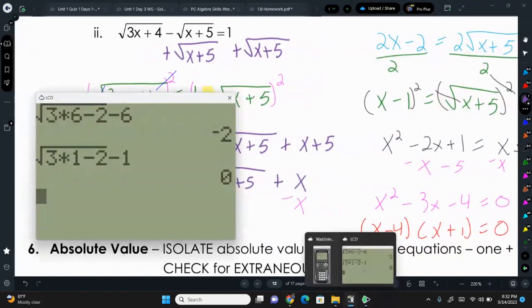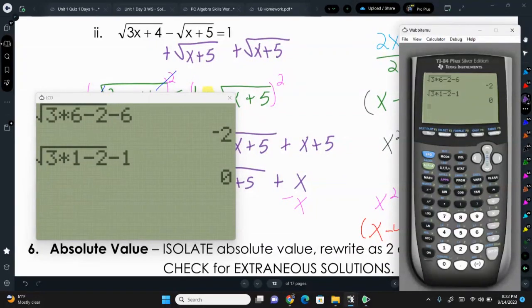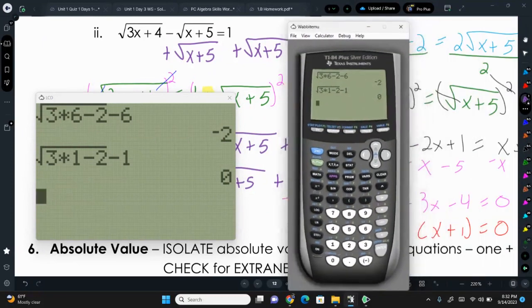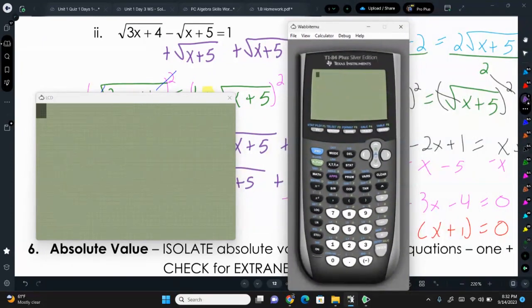Well, we can kind of tell that maybe negative 1 isn't going to work because... All right, so let's try these. Square root of 3 times 4 plus 4, and then minus the square root of 4 plus 5, and we hope this equals 1.